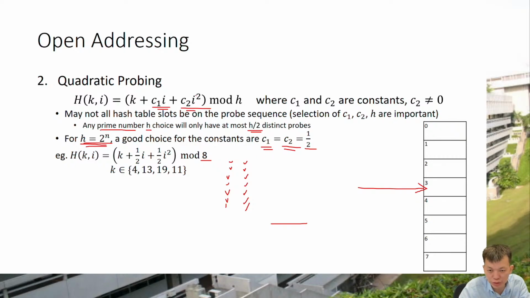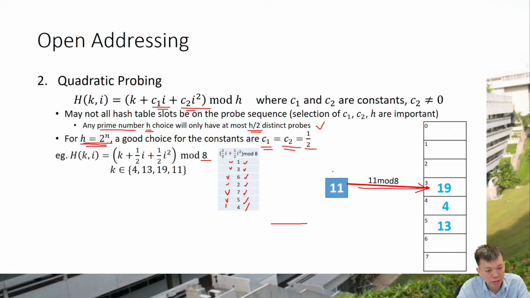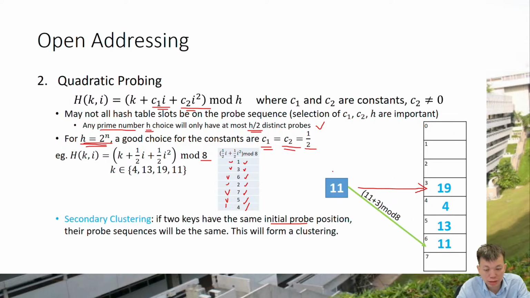You introduce square probing, but it didn't really resolve the problem, and it makes the design of the hash table harder. The hash table size needs to be selected carefully, because most of the time you can only probe half of the distinct slots. So you will form the secondary clustering issue. This needs to be noted.